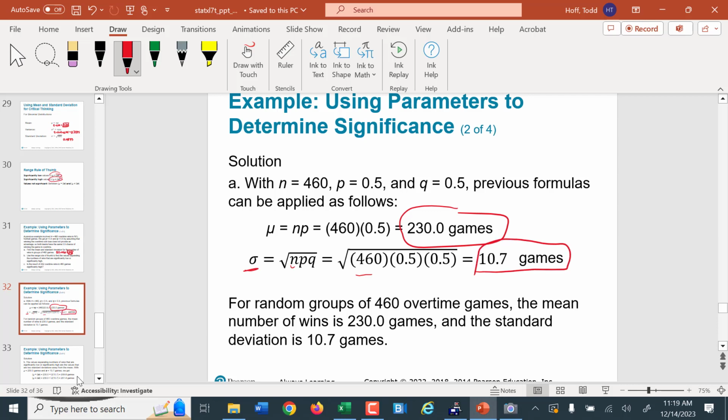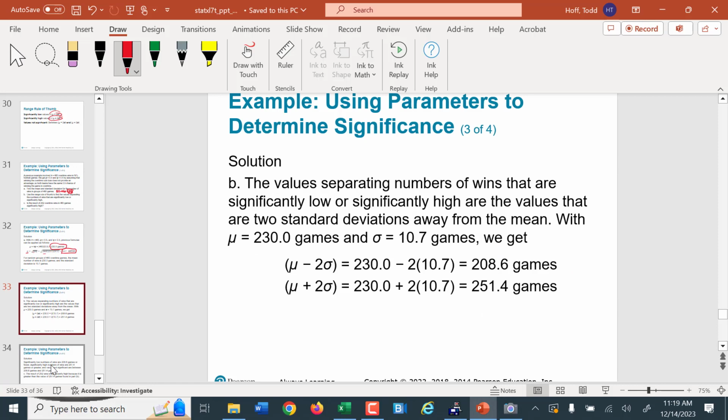So from the mean, an unusually small amount would be 230 minus 2 times 10.7, which is 21.4, giving 208.6. So if the team that won the coin toss won less than 208 of those games, that would be a significantly small amount.